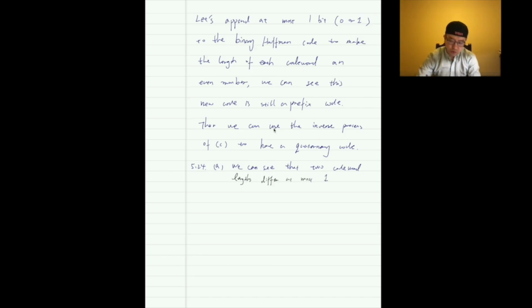Cannot be two. Use a similar idea that we provided in class, just prove it by contradiction. It's not that hard to show that. This is somehow intuitive as well.